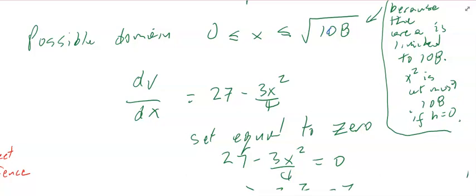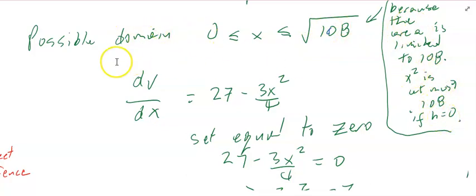So if we had set h equal to 0, then we could make the base area equal all of the surface area, and that means that the maximum x could be is the square root of 108, because if we make x squared equal 108, then x would be at most the square root of 108. That's the most x can be.